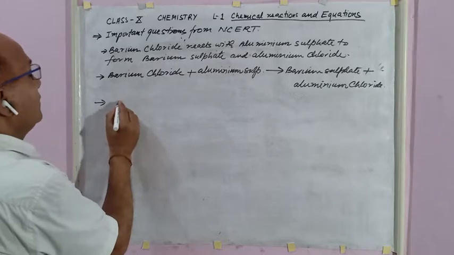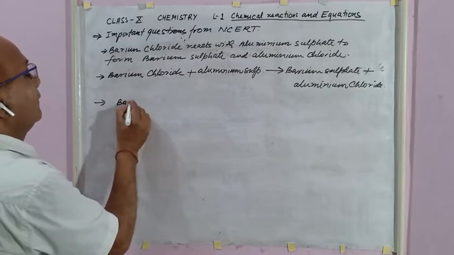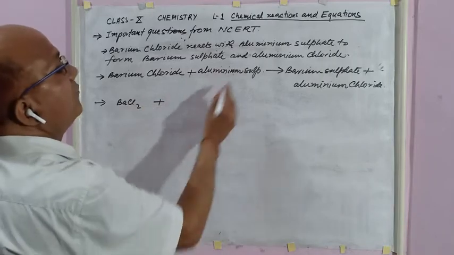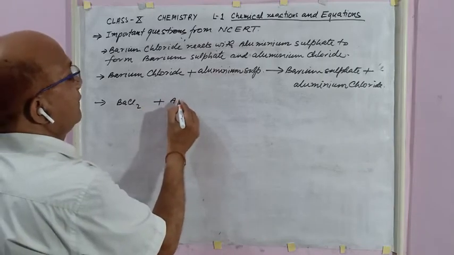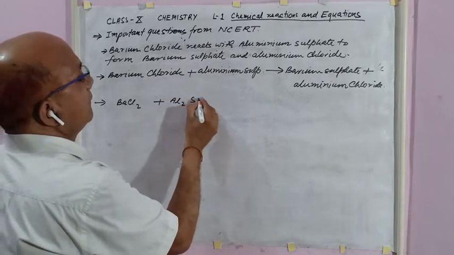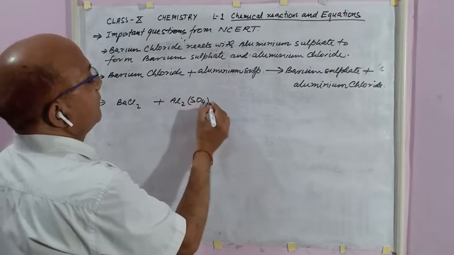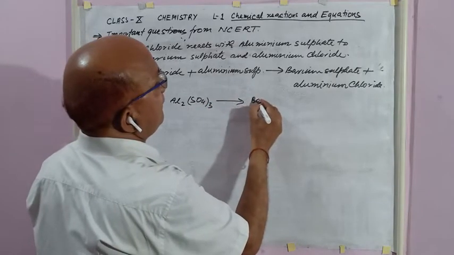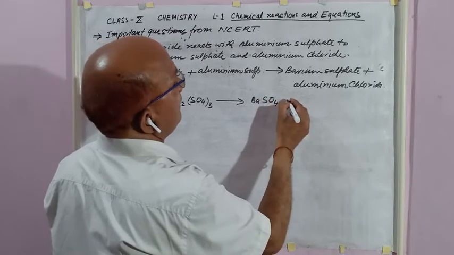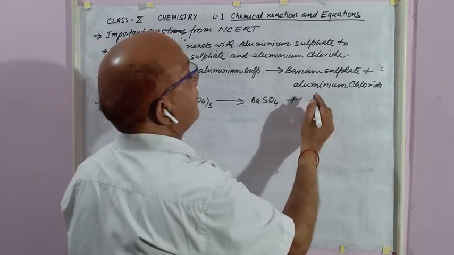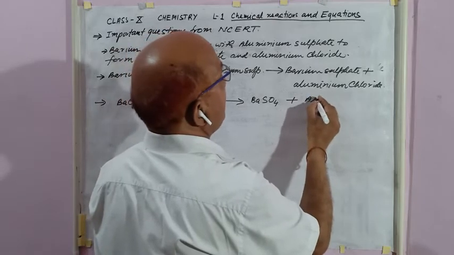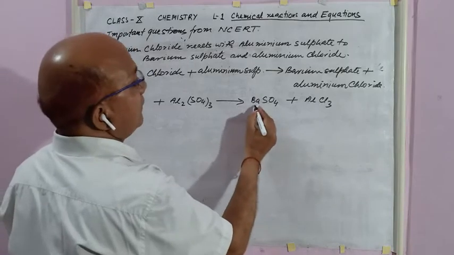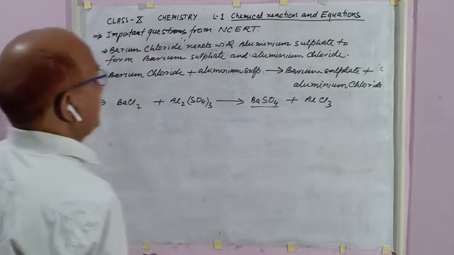Barium chloride, as you know, BaCl2 plus aluminium sulfate, Al2(SO4)3, gives barium sulfate BaSO4 plus aluminium chloride AlCl3. This is the white precipitate of barium sulfate.